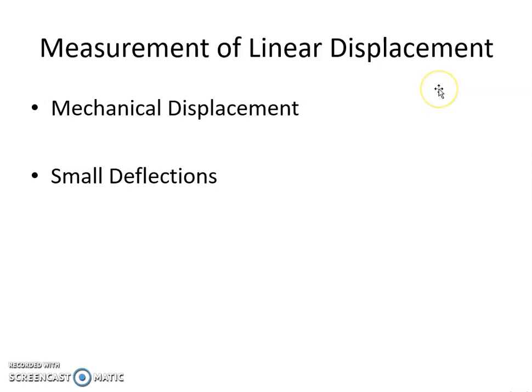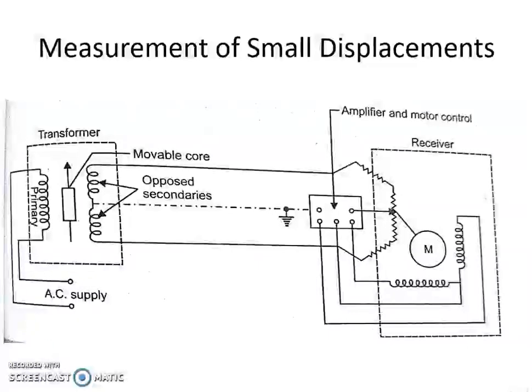So for small deflection measurement, we use LVDTs, which are a type of differential transformer. Now let us see the measurement of small displacements. As I told, to measure small linear displacements of the order of 0.25 mm, we use a linear or differential transformer.